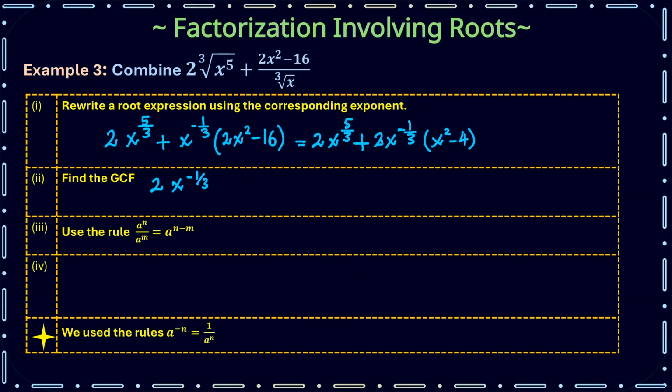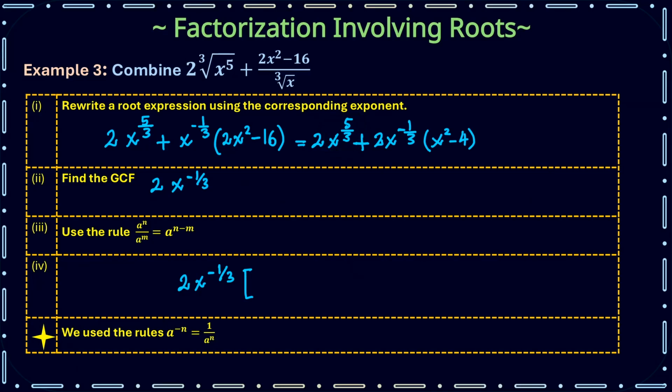All right, and let's carry out the factorization. So I'm going to write out the GCF. You can open parentheses or brackets, it doesn't matter. Here, to see what goes inside the bracket, first of all, the coefficient of 2 is already out. So we are factoring x to the negative 1/3 from x to the 5/3.